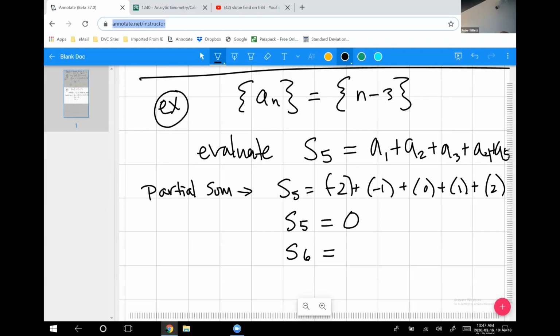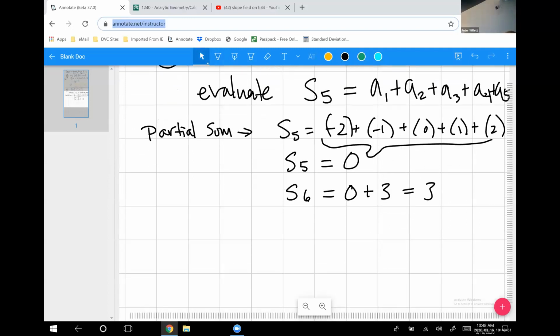Using the pattern of our terms up above, if the first term is -2, then -1, then 0, then 1, then 2, what would be the 6th term? That would be 3. So instead of adding all of these up, these all added up to 0, right? So then this would be what we had with the first 5 terms plus the 6th term, which would be 3.